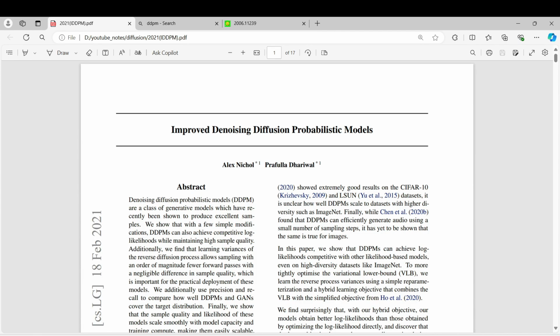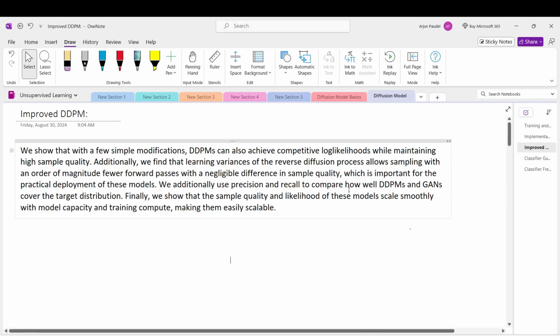Let's look at the summary part of it. They show that with a few simple modifications, DDPM can achieve competitive likelihood while maintaining high sample quality. They are talking about likelihoods.